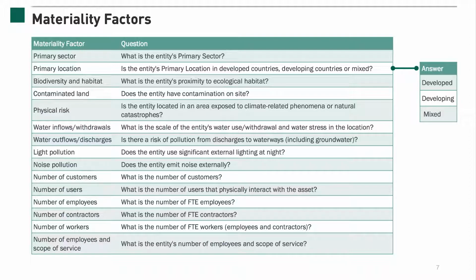For 6 of the factors, answers are drawn from other indicators, RC2, RC3, and RC5. The materiality factors are listed here with their associated questions. There are a set of answers to choose from for each factor, with the example shown here for primary location.